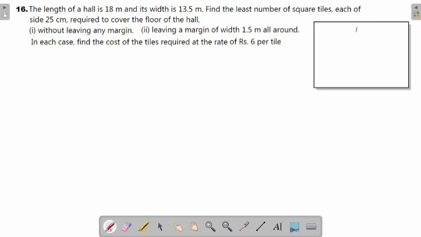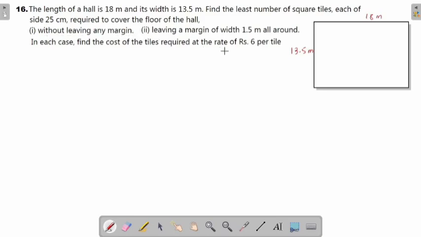So let me write the measurements. 18 meter, and its width, which is given to be 13.5 meter, right? So you need to find the least number of square tiles, each of side 25 centimeter, required to cover the floor of the hall, number 1, without leaving any margin.